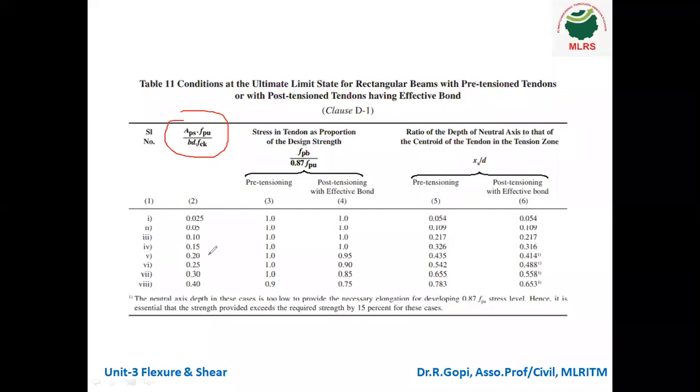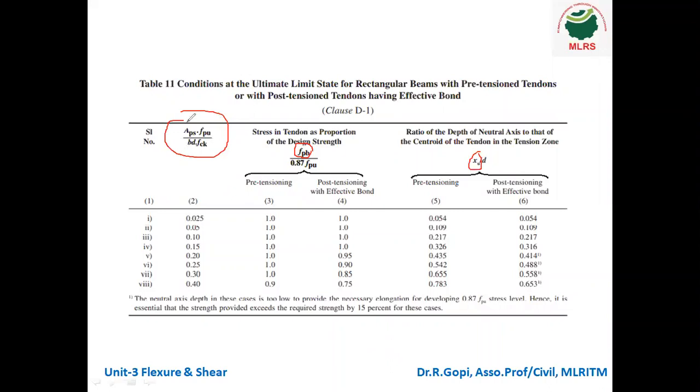This is the ratio. Okay, so from this ratio we have to calculate FPB, because in the formula FPB is there and XU is there. So using this table only, we have to find FPB and XU.